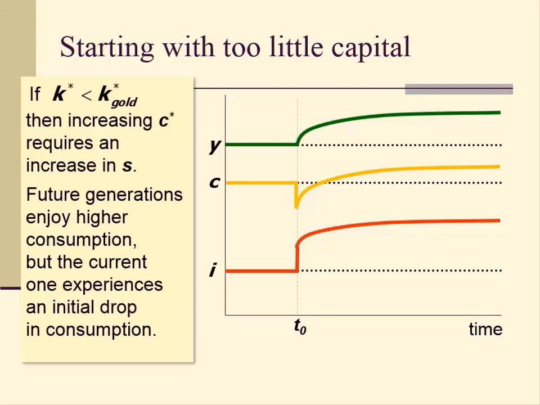So starting with too little capital is less feasible in political terms than starting with too much capital, because the current generation experiences an initial drop in consumption in the second case, versus not in the first case.